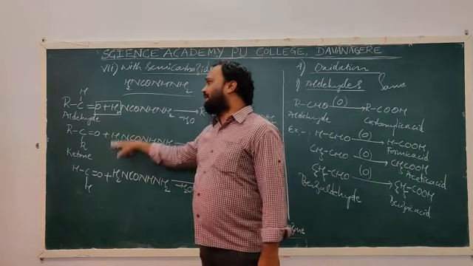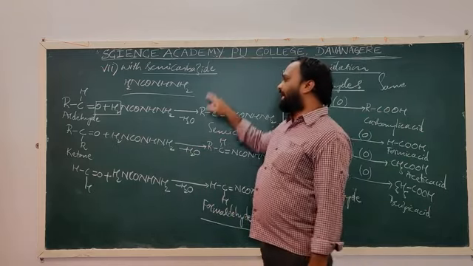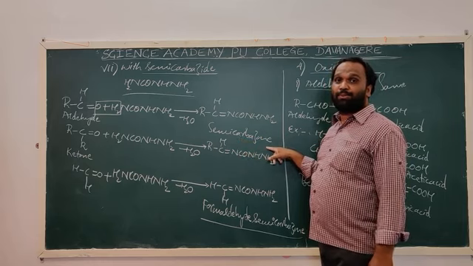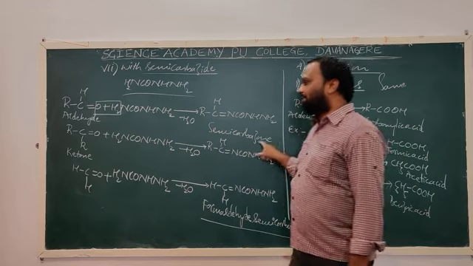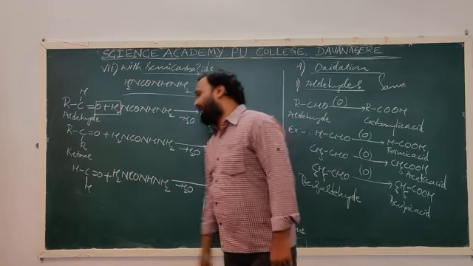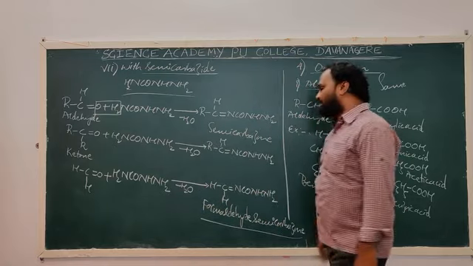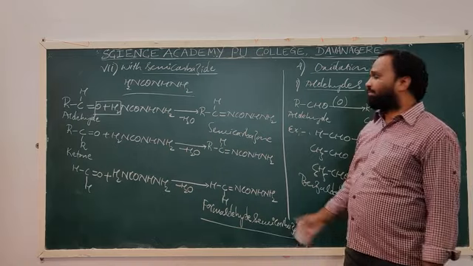Both aldehydes and ketones undergo condensation reaction with semicarbazide and give the corresponding semicarbazone. For example, formaldehyde undergoes condensation reaction with semicarbazide and gives formaldehyde semicarbazone.